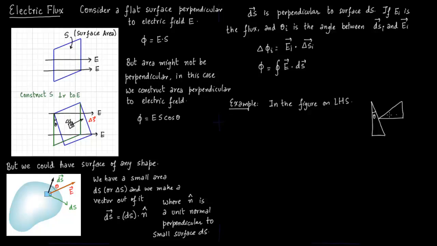And then you have electric field. Now this is ds vector and this side is the electric field. Now the angle between ds vector and electric field will also be theta because these two triangles are similar. So this triangle and this triangle are similar.